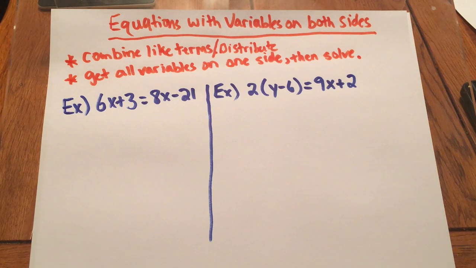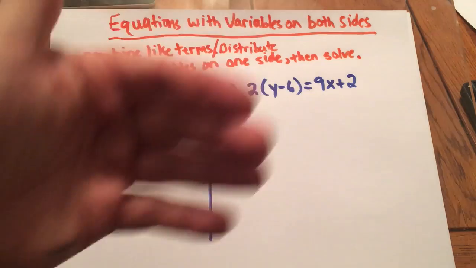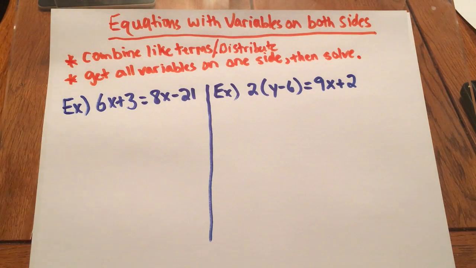And then our goal is to get variables of the same type all on one side and combine it as one, having one little x there in one place in that equation. You'll see what I mean by that when I do this example.